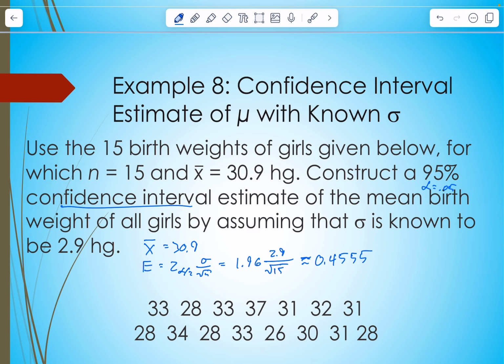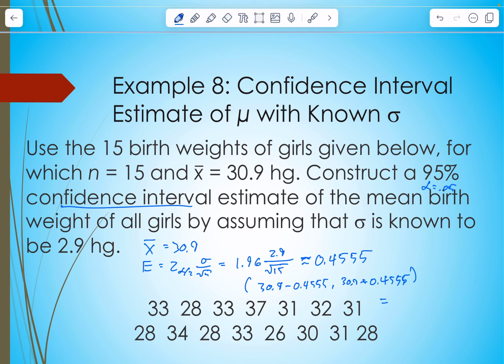And so my confidence interval is going to be 30.9 minus 0.4555, 30.9 plus 0.455. That's my confidence interval.